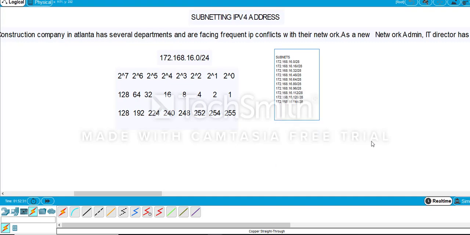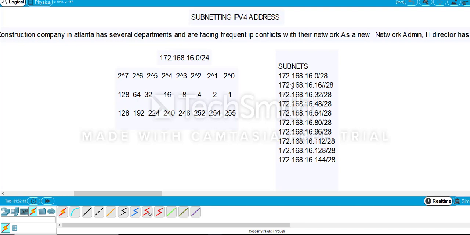Okay, so we have 172.168.16.0. So between this network, our network starts from 1 through 16. So we have 16 IP addresses on this network.